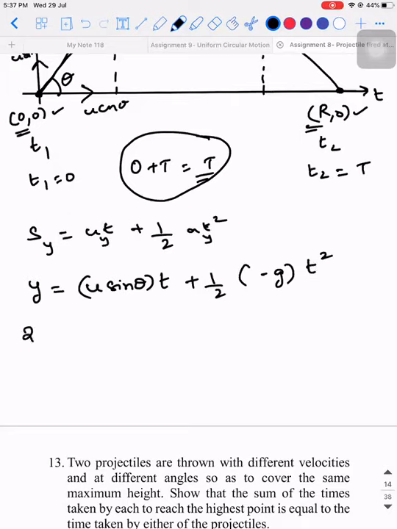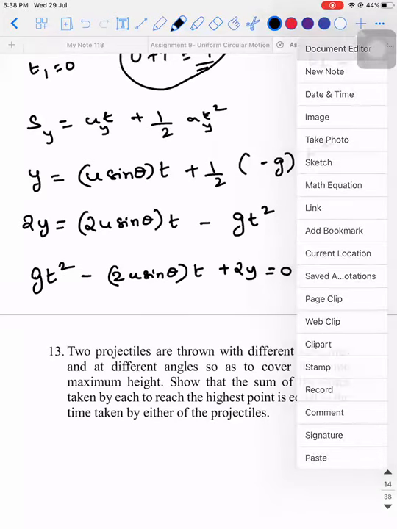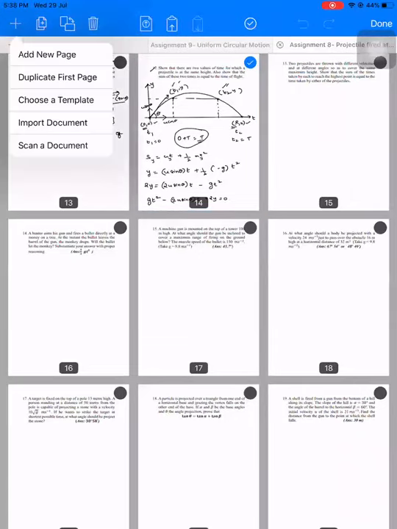Right. Now I'm going to rearrange the equation. Observe, 2y is equal to 2u sine theta into t minus gt square. So gt square minus 2u sine theta into t plus 2y equal to 0. Is this right? Now, what is the expression we got?